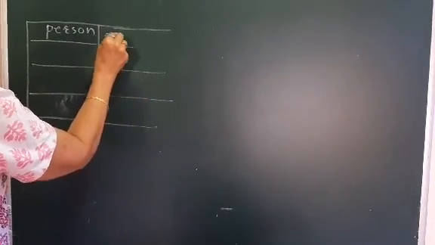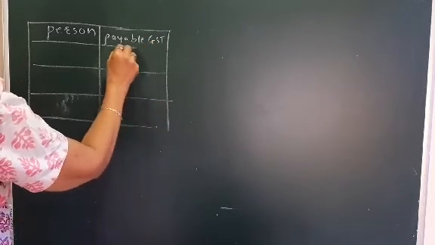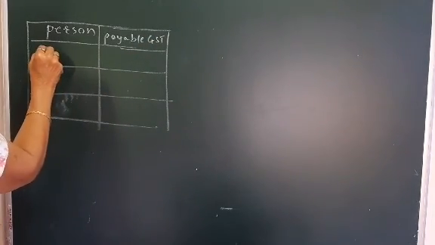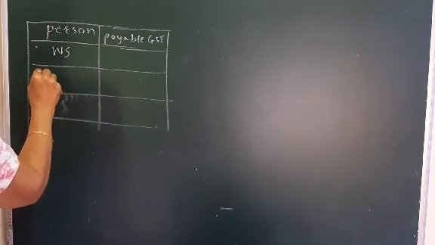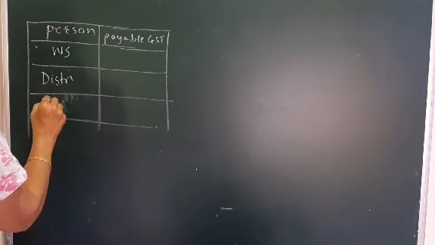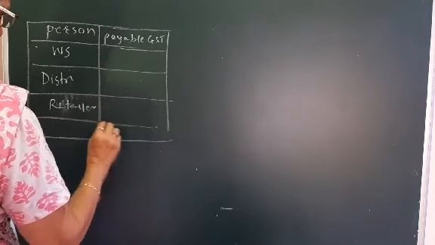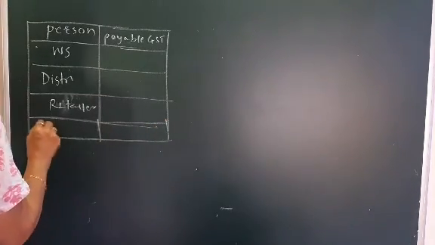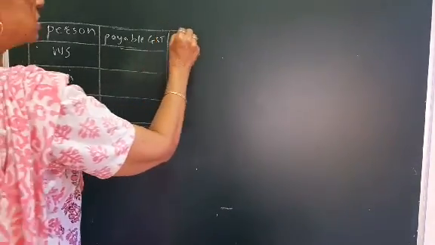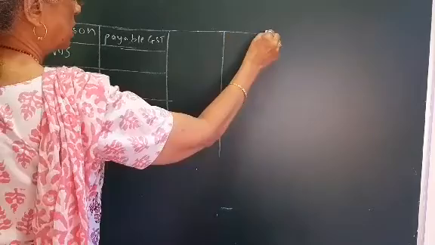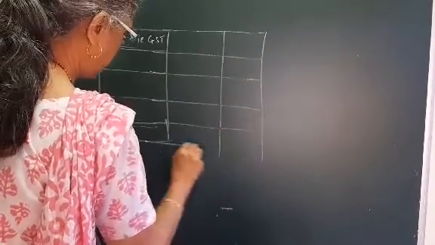So payable GST, they have used the word manufacturer, so instead of that you can write wholesaler, distributor, then retailer, and then total tax. So there are 4 columns. How to make the calculations is very easy.